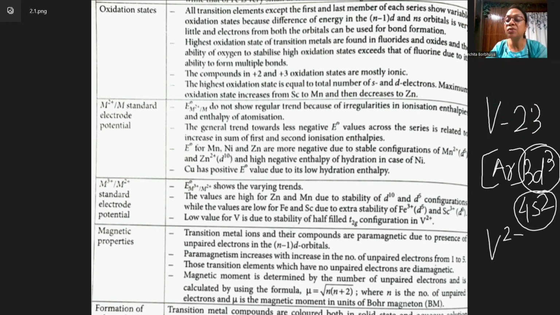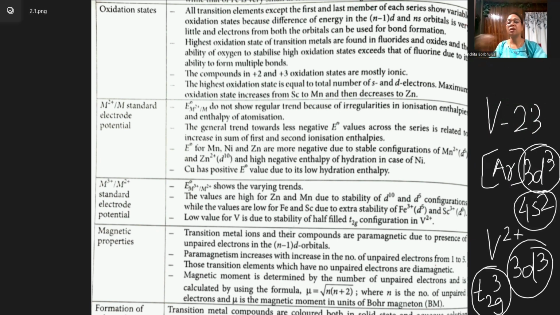V2+ has 3d3, which is attributed to half-filled t2g. That means a t2g3 configuration exists. So that is why the low value of the electrode potential for vanadium persists.